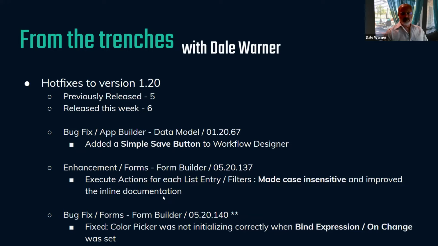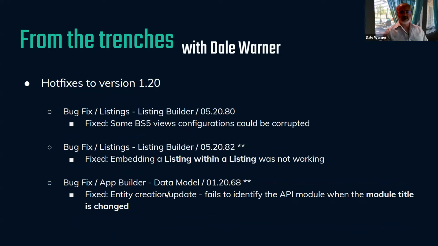We had an issue with the color picker, where using the on change wasn't working as expected, so we've got that fixed. In our new Bootstrap 5 listings, it was possible for some of them to become corrupted. We found and fixed that problem. That probably isn't happening for many of you, but for the ones it did, it was kind of a showstopper. So we've got that working.